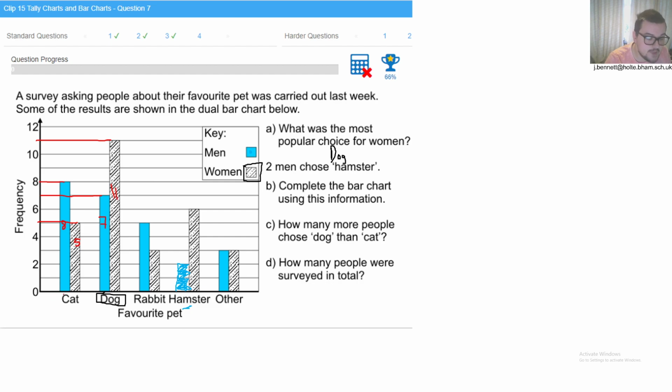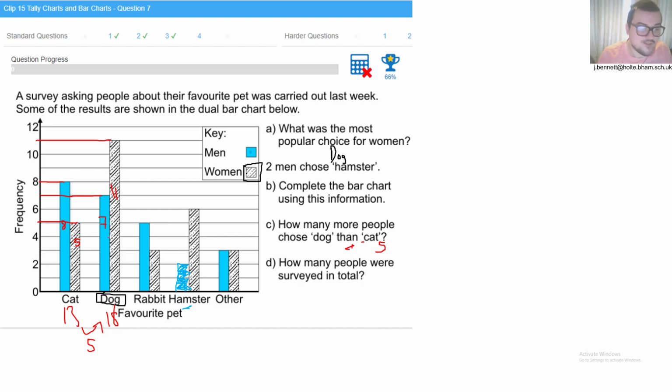So let's add these up. 8 plus 5 is 13, 7 plus 11 is 18, and the difference between these two is 5, because you have to add 5 to 13 to get to 18, so our answer is 5.